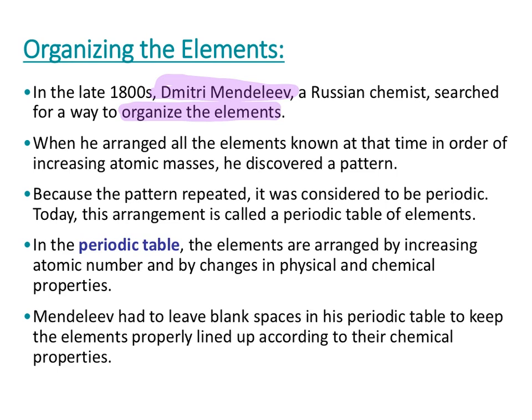What he ended up finding is that the arrangement he landed on was mostly based on increasing atomic masses, and he discovered a repeatable pattern that occurred when he arranged the elements this way.